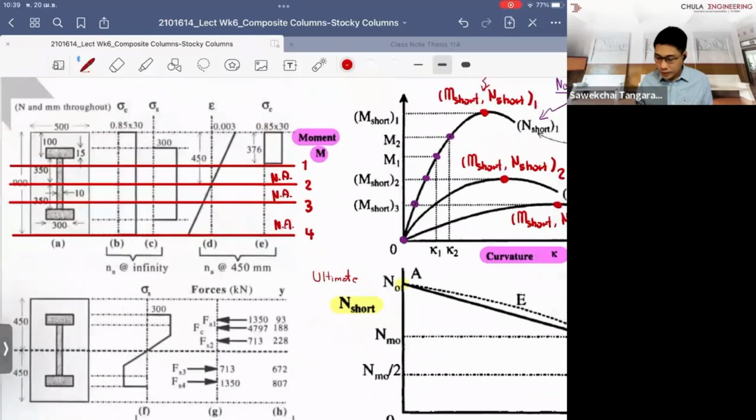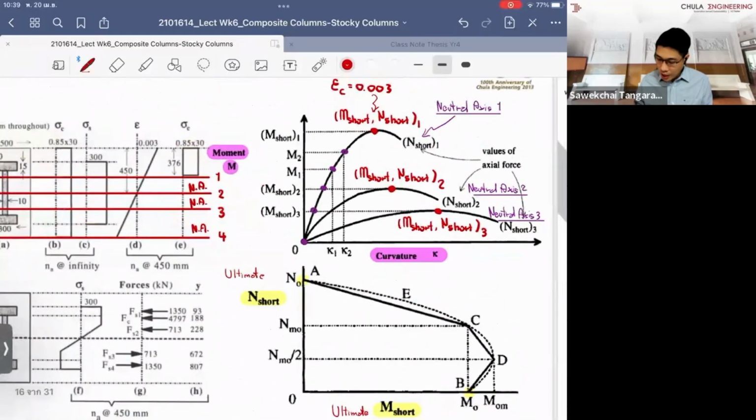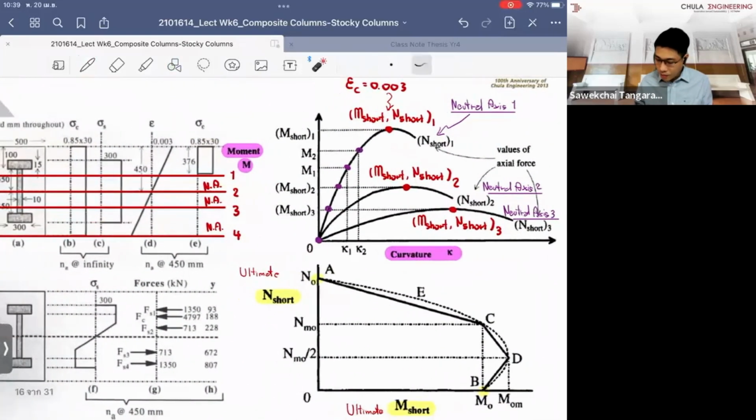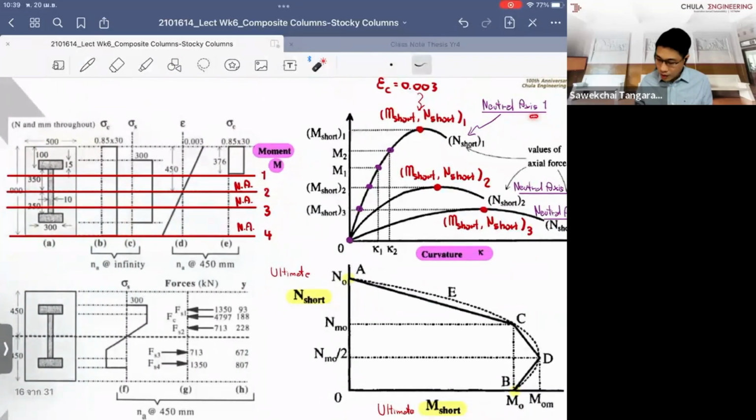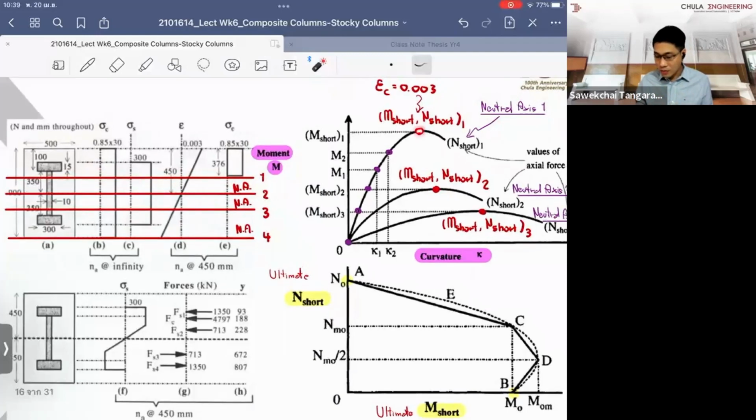The more we change the level of the neutral axis, if I say the neutral axis depth is at number 1, the higher the neutral axis depth, the higher the bending moment capacity, and the lower the axial force capacity. So at the ultimate point, you have this value.